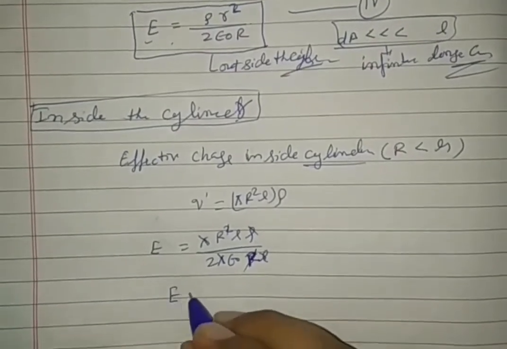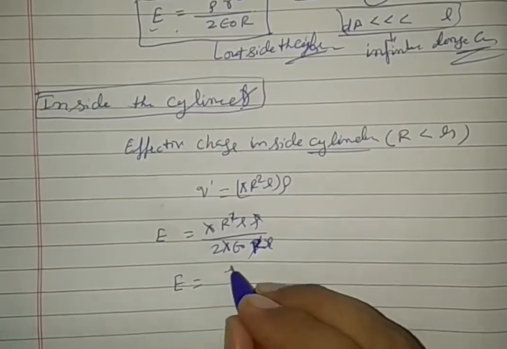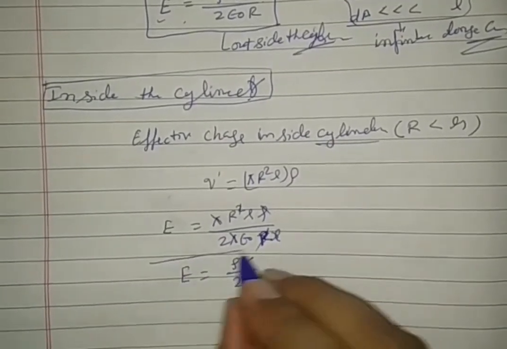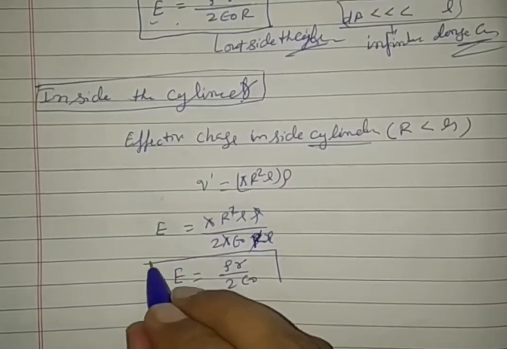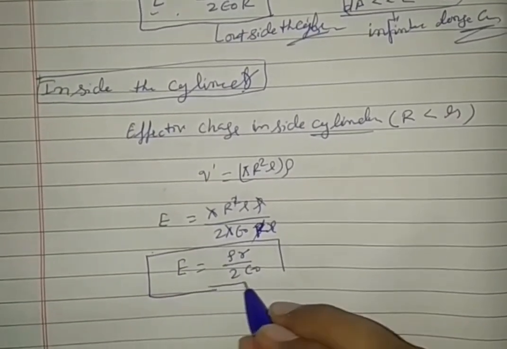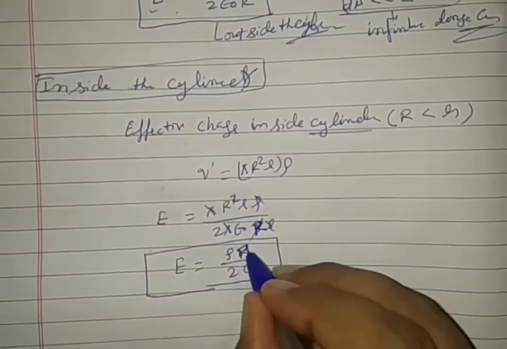The net electric field inside the cylinder is rho R by 2 epsilon 0, where this is capital R, not small r.